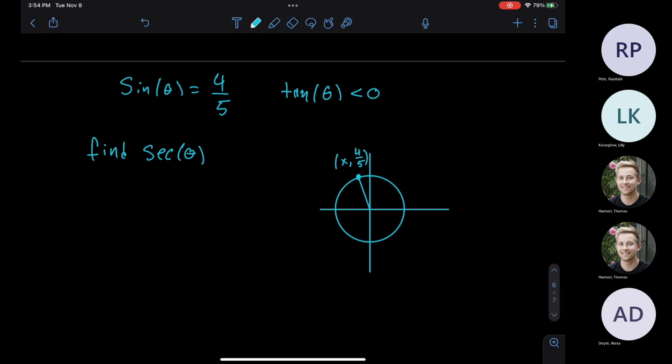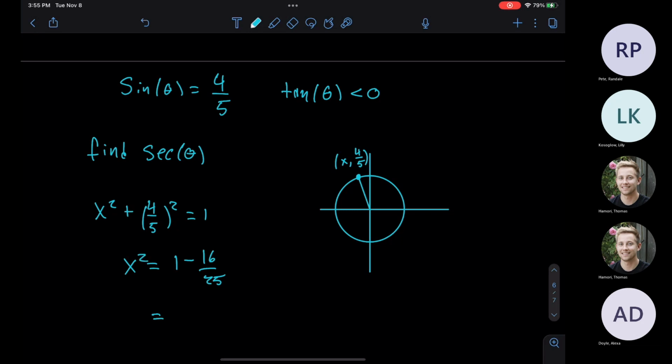So how would I get x? I would do x squared plus 4/5 squared equals 1. So therefore x is going to be equal to 1 minus 16/25, right?